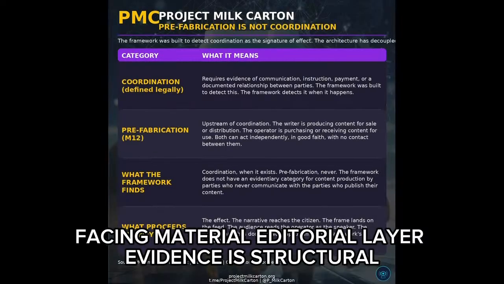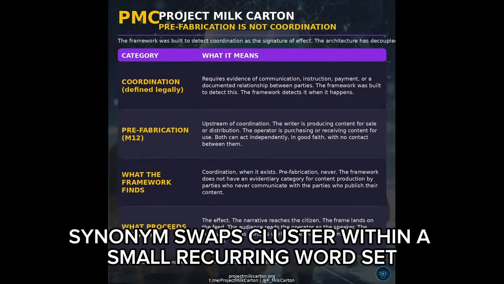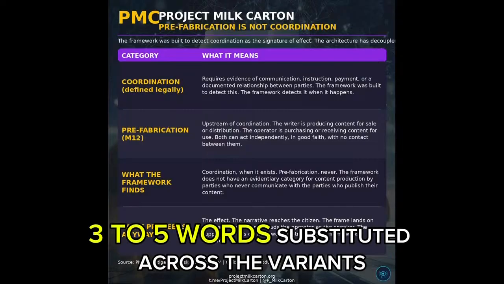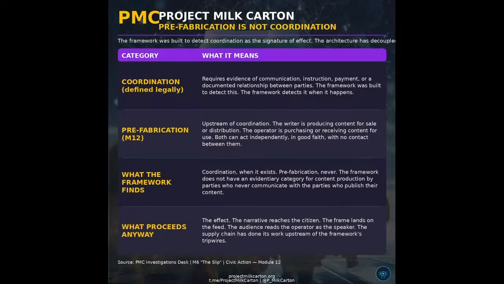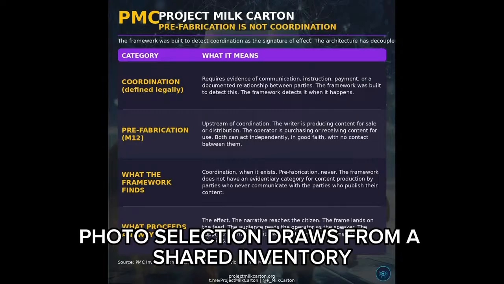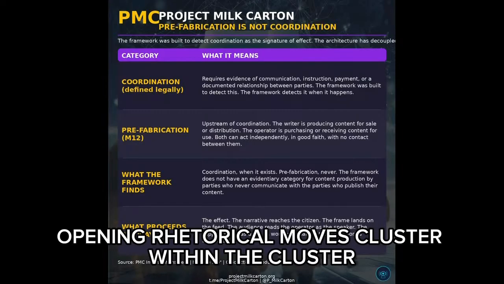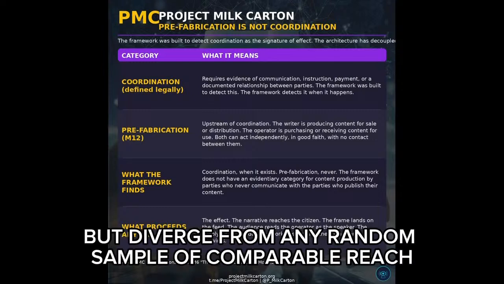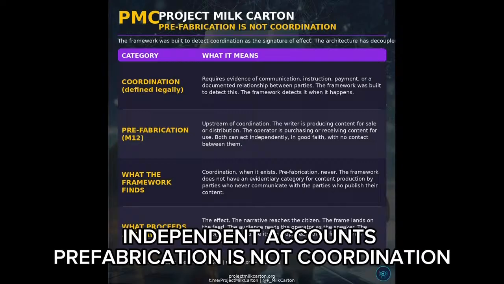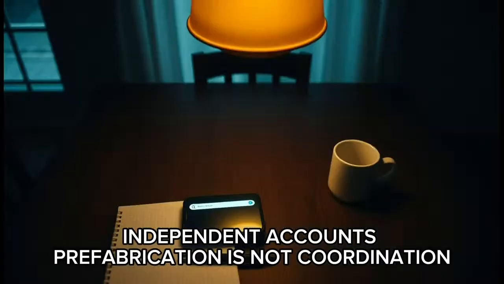Editorial layer evidence is structural. Synonym swaps cluster within a small recurring word set, 3 to 5 words substituted across the variants. Photo selection draws from a shared inventory. Opening rhetorical moves cluster within the cluster, but diverge from any random sample of comparable reach independent accounts. Prefabrication is not coordination.